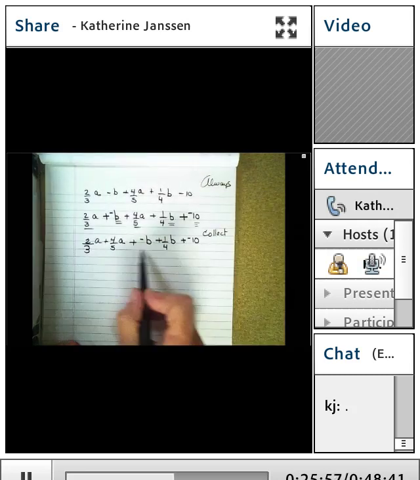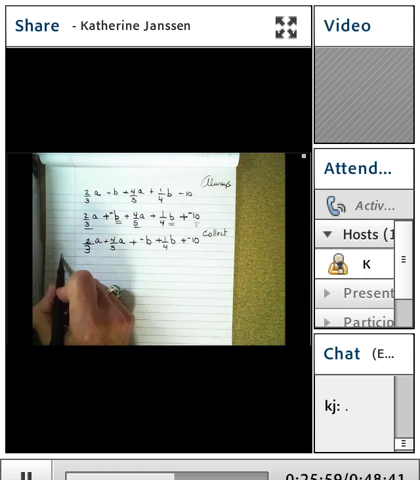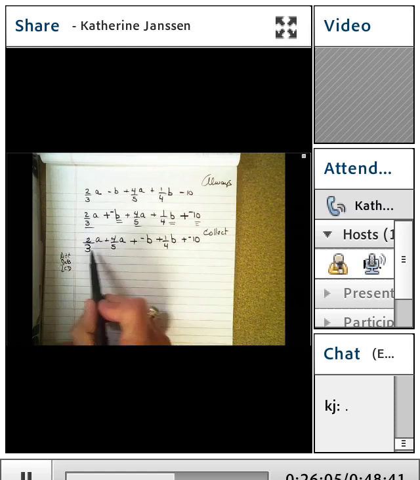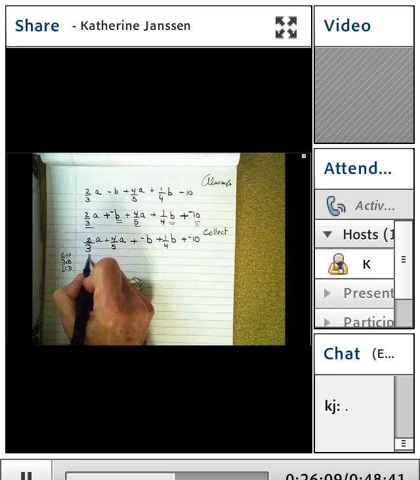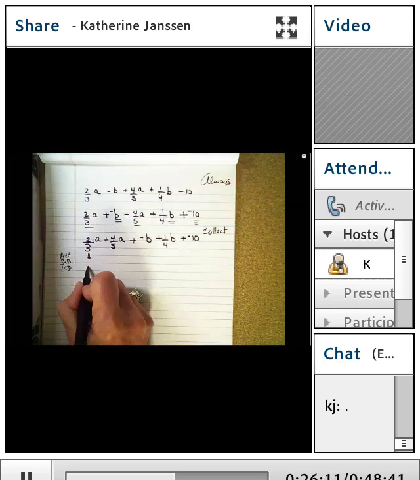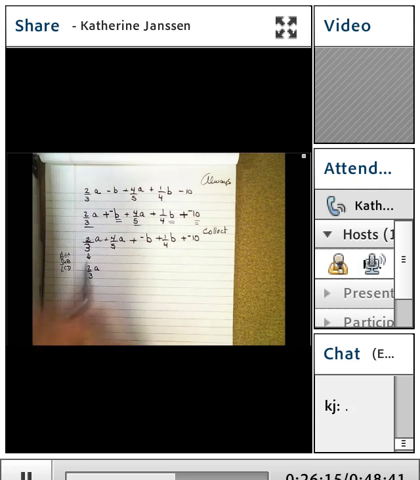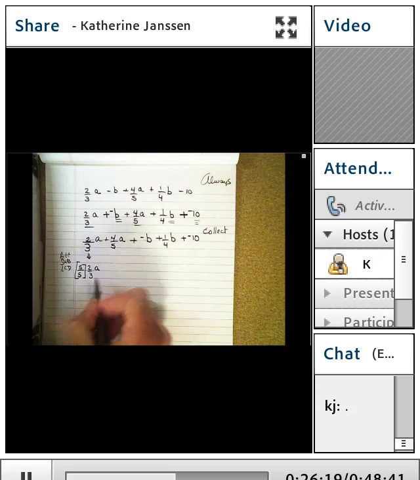Well, to add fractions, we need to have a common denominator. 3 and 5, that'd be 15. So we'll convert 2/3 A to 15ths. So I'll need to multiply by 5 in the numerator and the denominator.